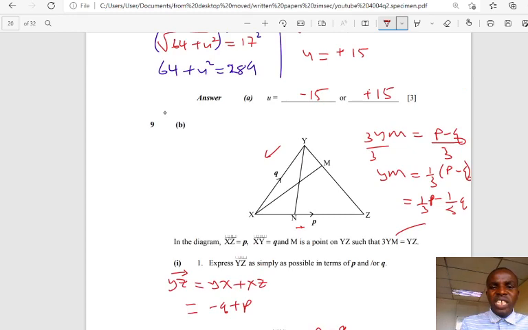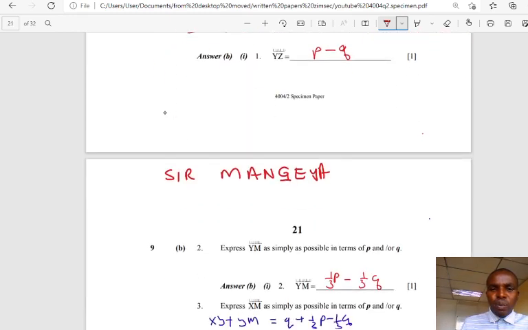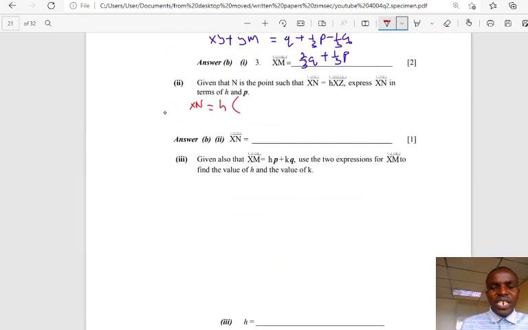Xz here is given in the statement as p. So you just put p where there's xz, so it's hp. Done.